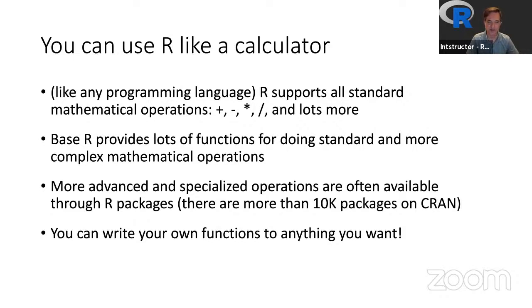And there's a bunch of functions as well, so you can calculate means and standard deviations and so on, as well as doing really complex operations. We're not going to talk about this in this workshop, but you can also write your own functions that wrap up complex operations, which you can then call in your own code. So essentially with code, you can do anything you want, which is really cool and really flexible.